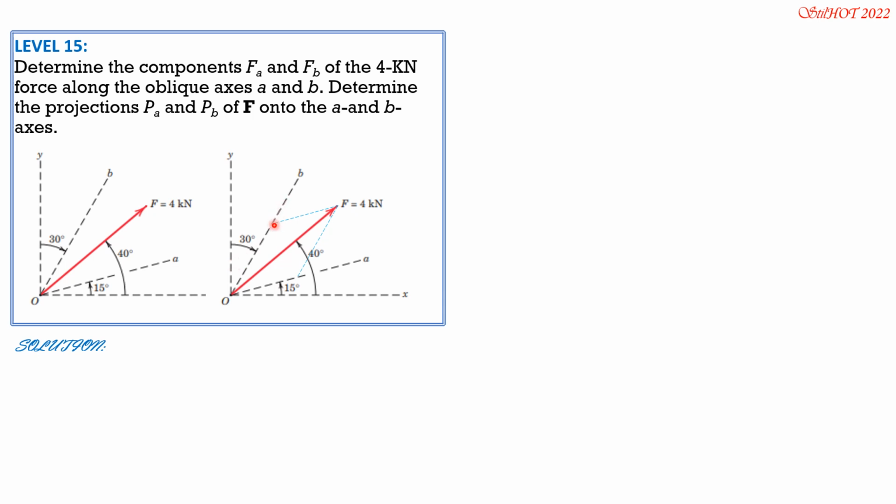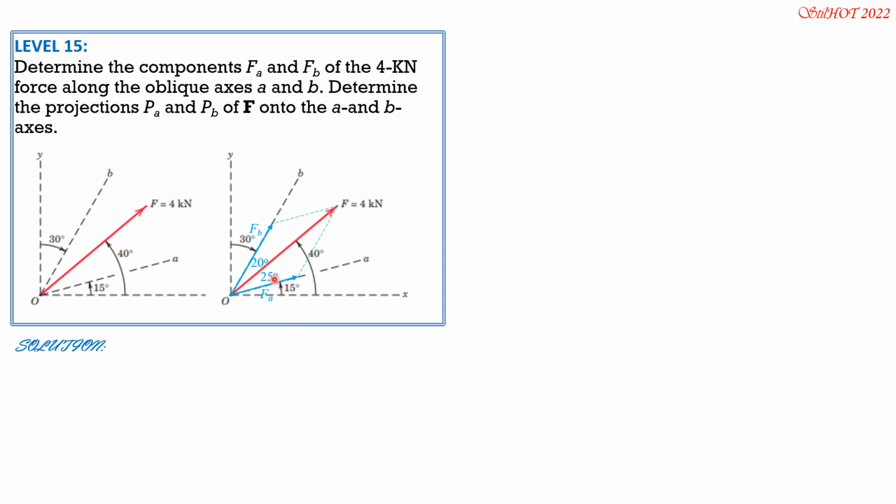So that's it. This is FA and that is FB. For the angles, the measure of this angle here is 90 minus 30 minus 40, so this is 20 degrees. This angle is 40 degrees minus 15 degrees, 25 degrees.